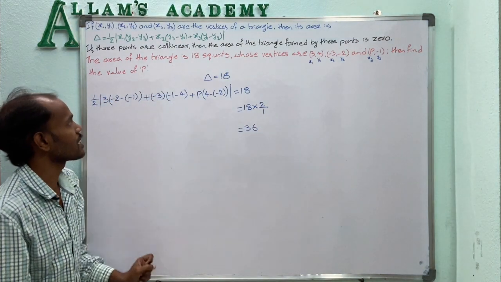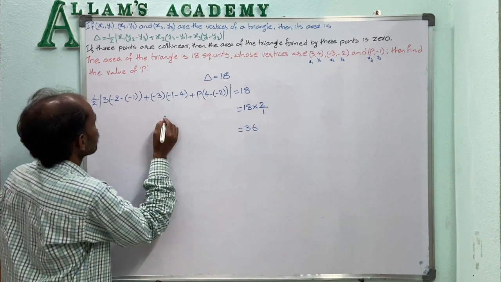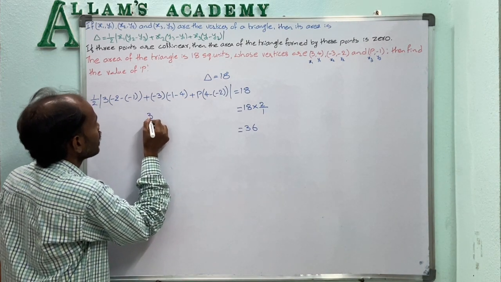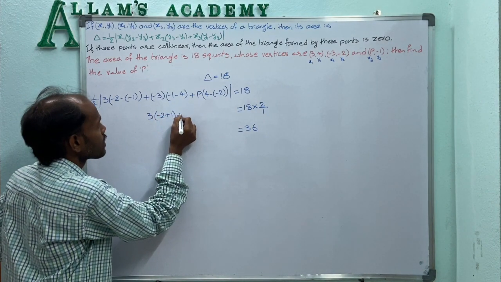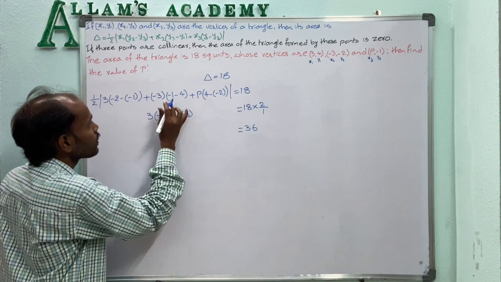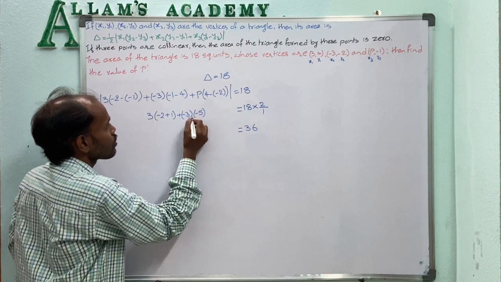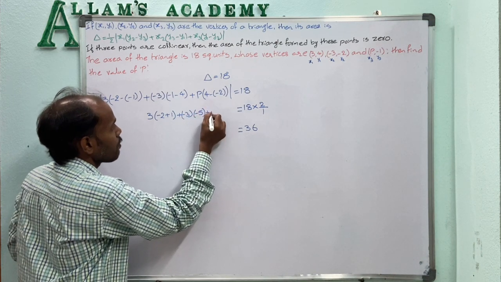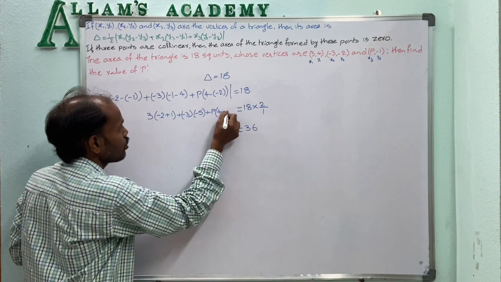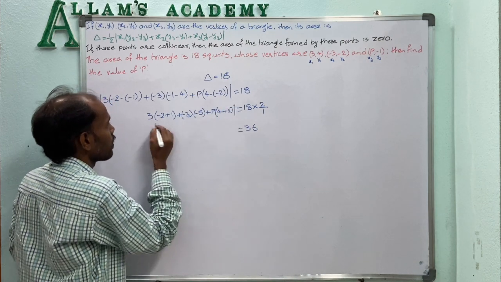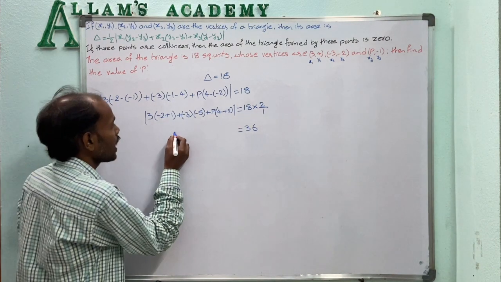18 2s are 36. Now minus of minus 1 is plus 1. So mod 3 into minus 2 plus 1, plus minus 3 into minus 1 minus 4, that is minus 5. So minus 3 into minus 5, plus p into 4 minus of minus 2, which is plus 2. So p into 4 plus 2. Minus 2 minus 1 is equal to minus 1.